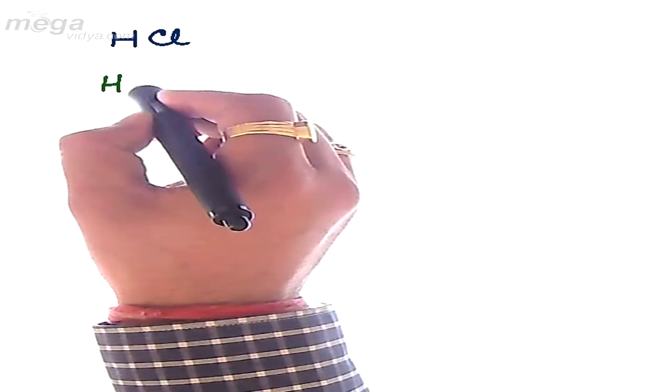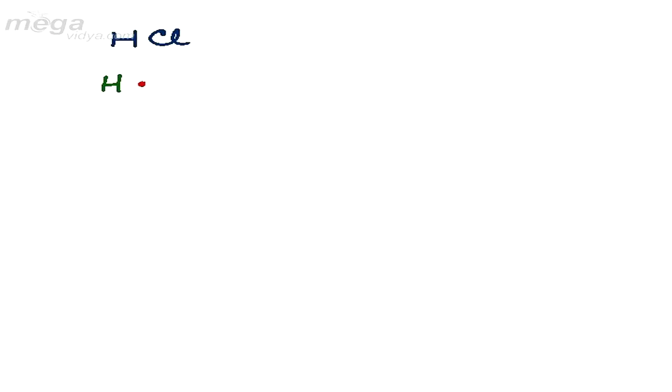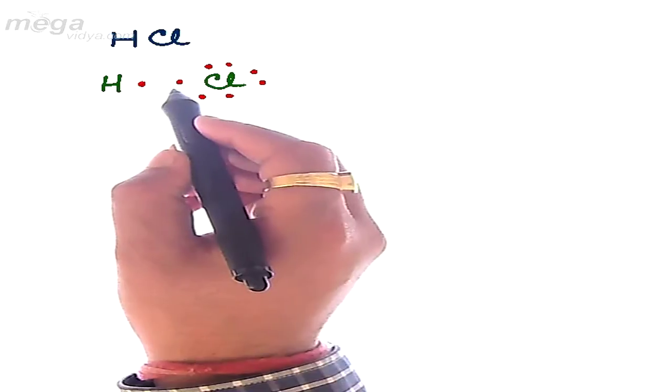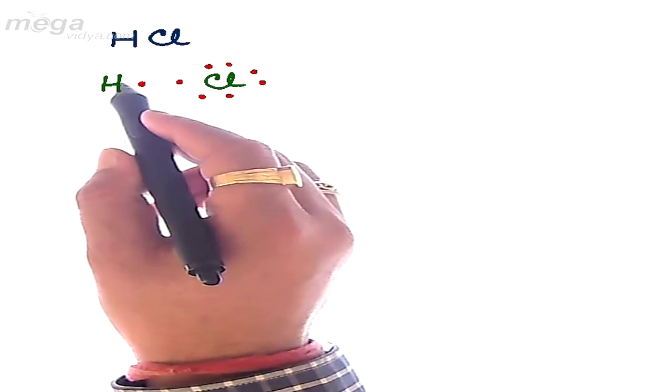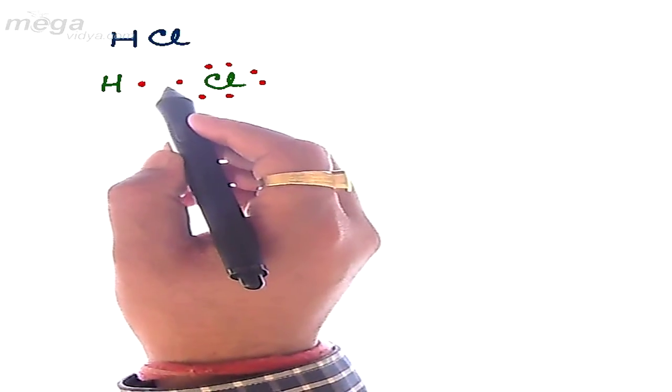Let's discuss the bonding between hydrogen and chlorine. In the case of hydrogen, we have 1 electron, whereas chlorine has 7 electrons in its valence shell. Hydrogen, to stabilize, will try to attain a configuration similar to that of helium, that is, it will try to have 2 electrons.